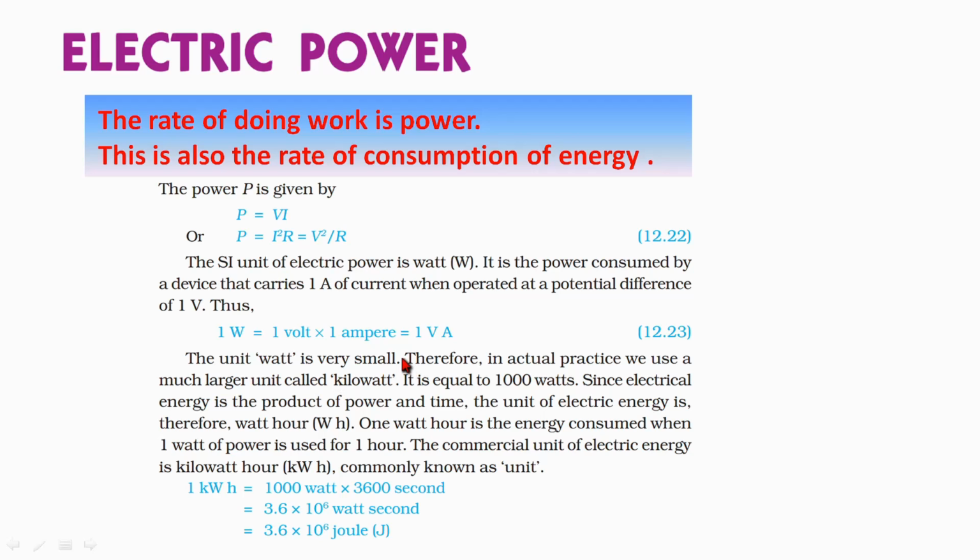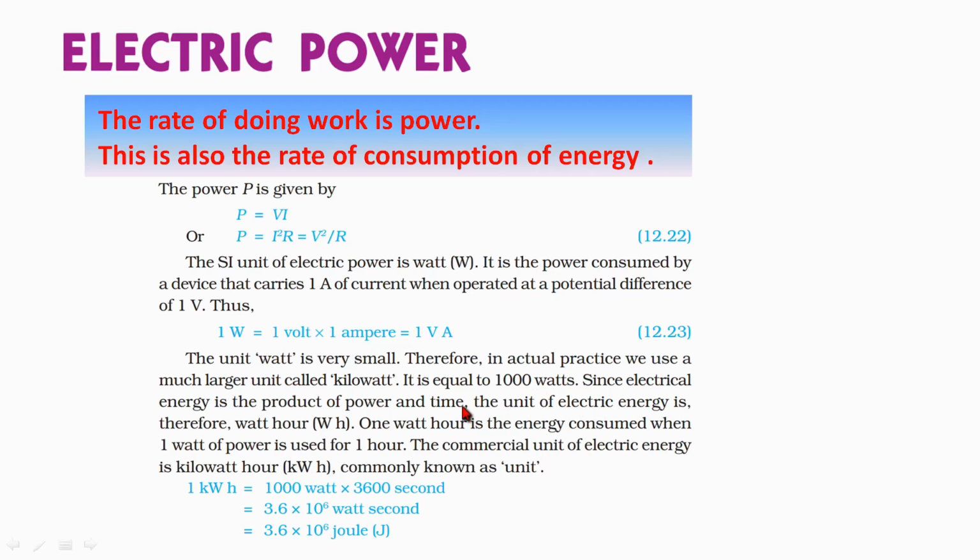Usually the amount of power which we consume in our day-to-day life is much more, so we want a unit which is bigger. Therefore in actual practice we use a much larger unit called kilowatt. Kilo stands for 1000, so kilowatt stands for 1000 watt.